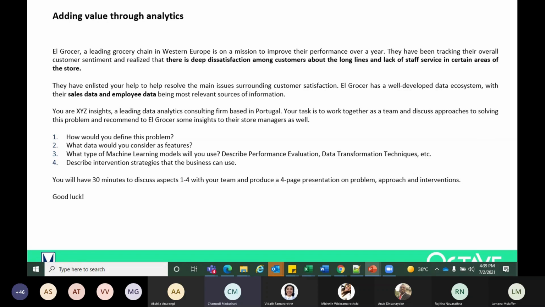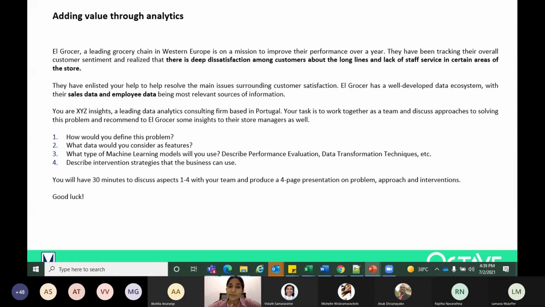Now here there are 2 problems that the business is facing. There is a deep dissatisfaction among the customers, and the second problem is the lack of staff service in certain areas of the store. Now, just to give some cue on this, this can be grouped together under one problem.